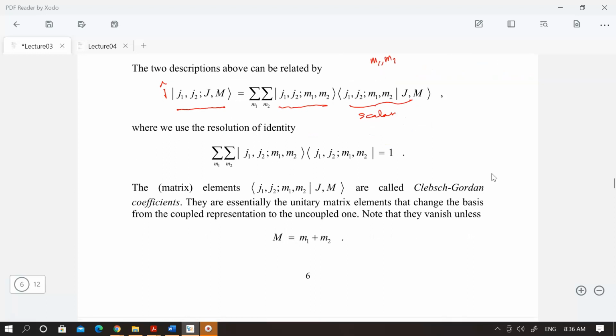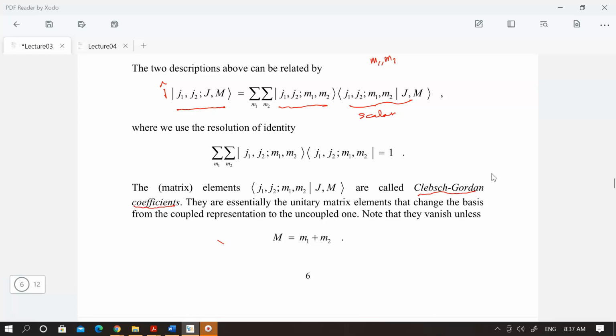This scalar thing is essentially the matrix elements of the unitary operator. These matrix elements have a name in the context of this angular momenta case: they're called the Clebsch-Gordan coefficients.